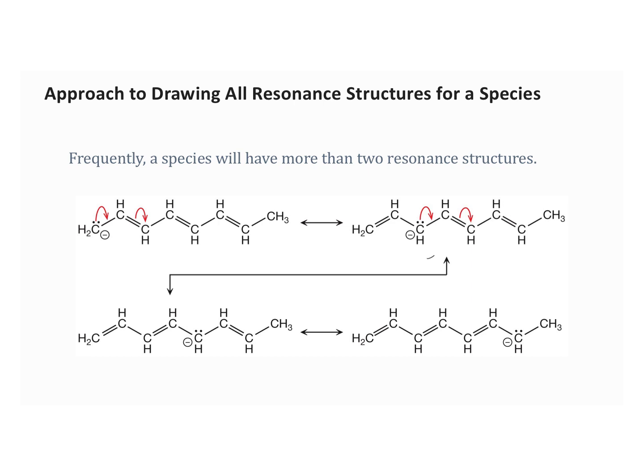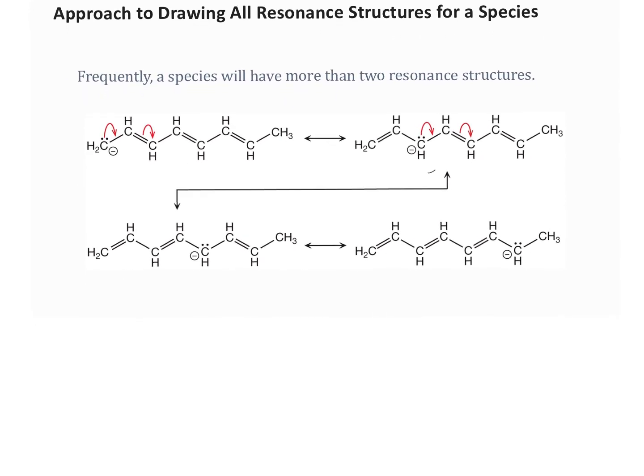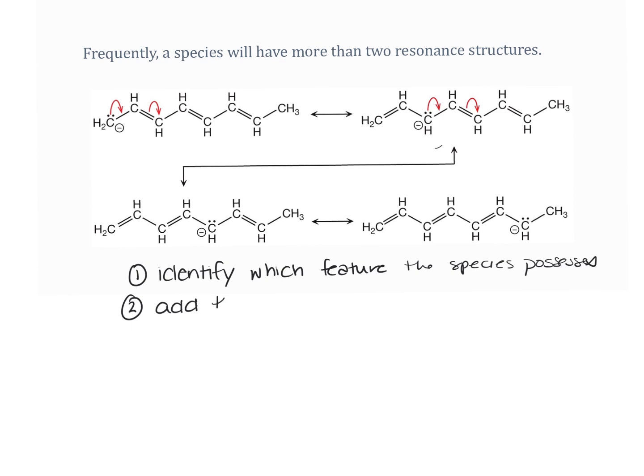When you are drawing all of the resonance structures of a species, it helps to approach this systematically, okay? So the first thing that I do is I identify which of the 5 features the species possesses, okay? And then I add the curved arrows that the species calls for.